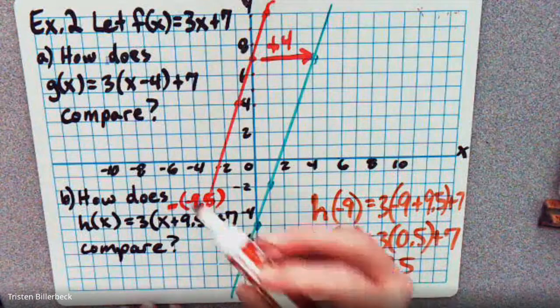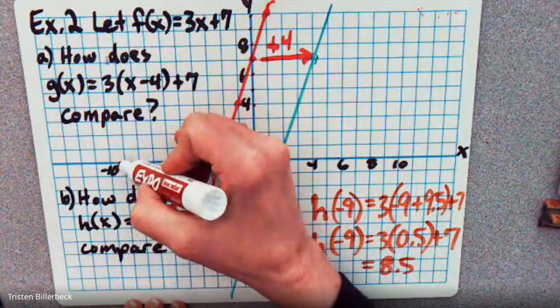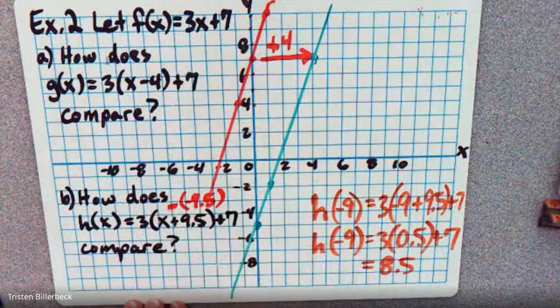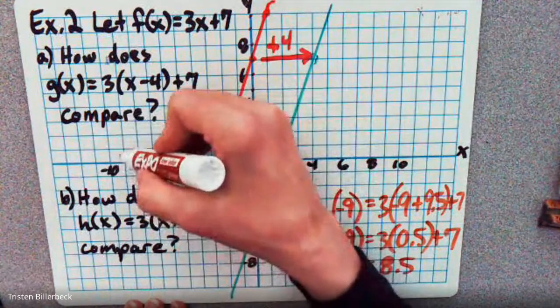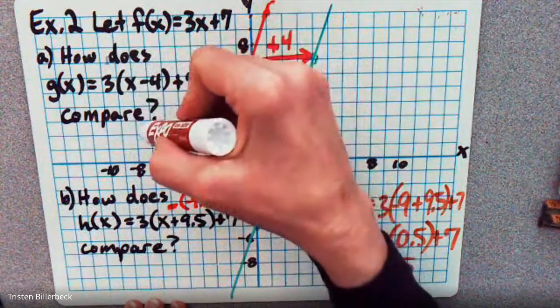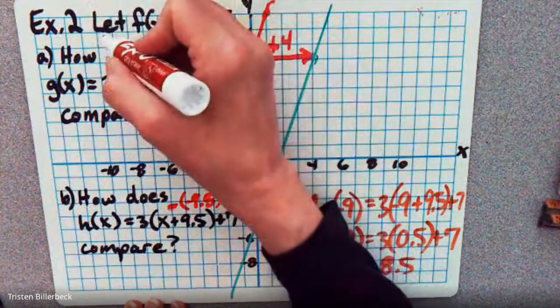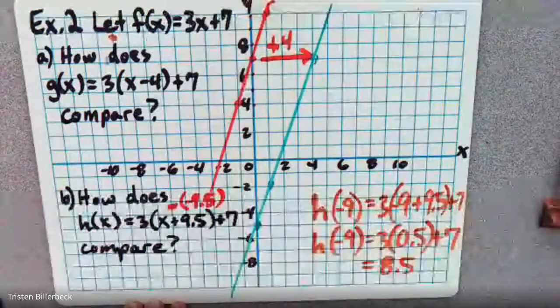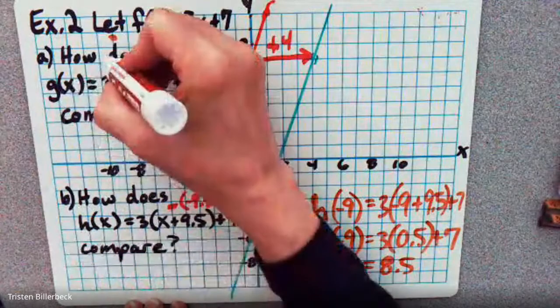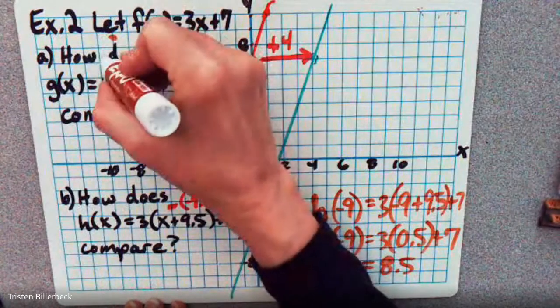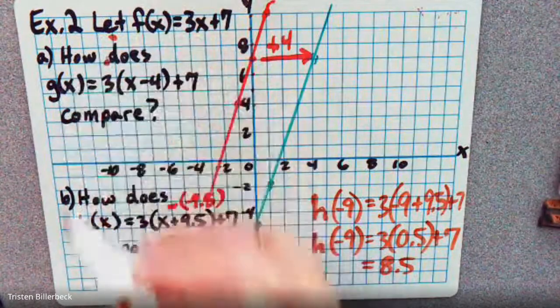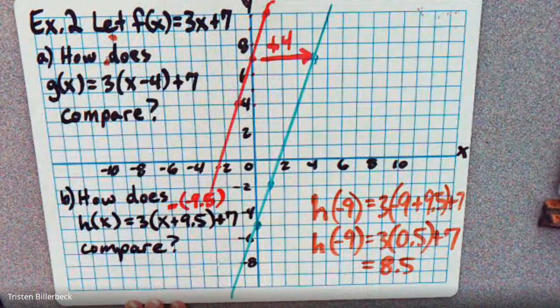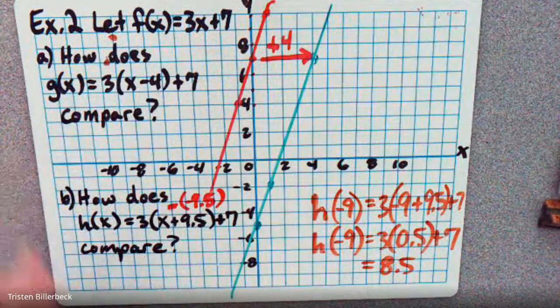So at -9, we are at 8.5. Actually, that's a little higher than we were thinking right there. Oh, I see. So we had this point here. Okay, so let's go bigger.